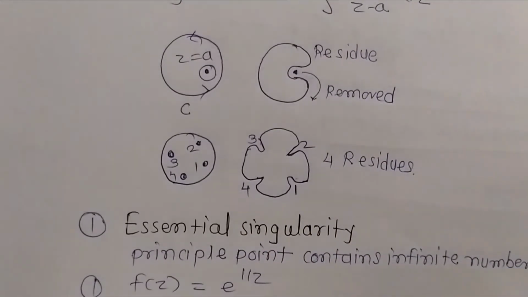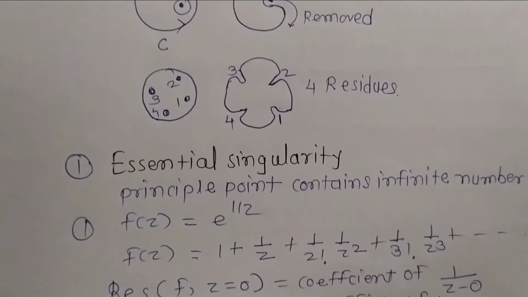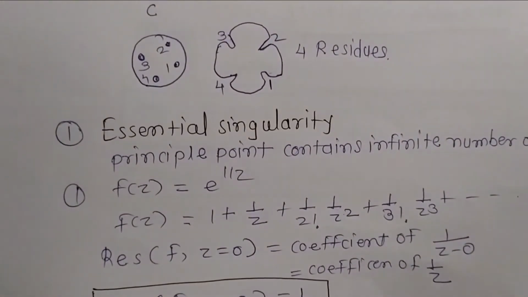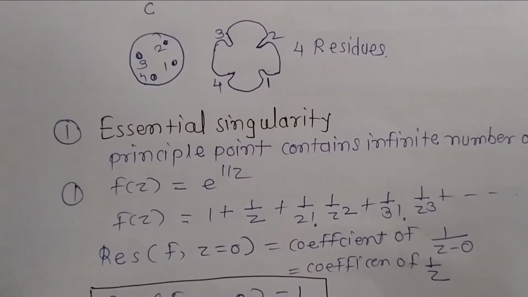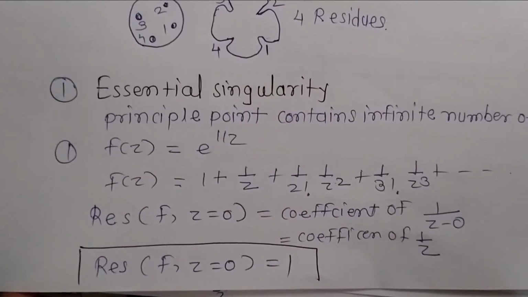First, an essential singularity: when the principal part contains an infinite number of terms, we call it an essential singularity.